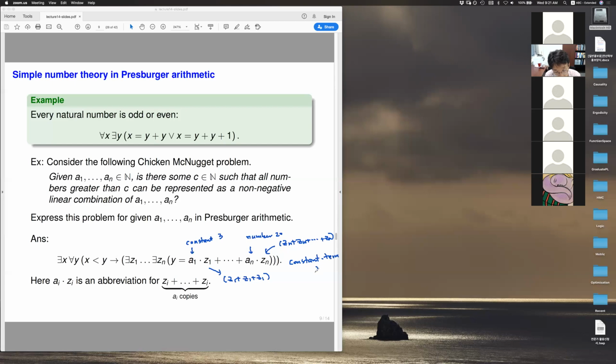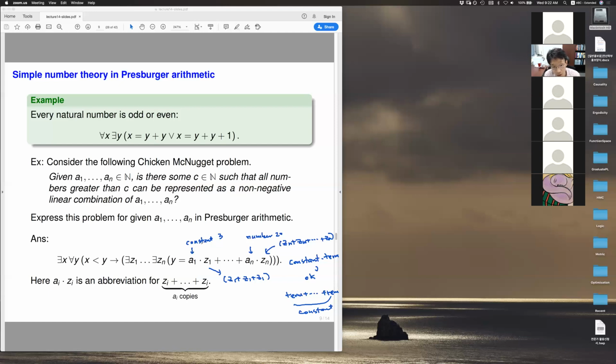That is okay, because we can encode it by addition of the term a constant number of times. So Presburger arithmetic is limited, but it's not that limited, because we can encode some of the multiplications inside it.